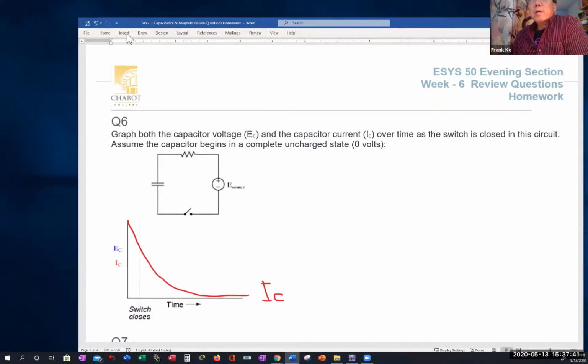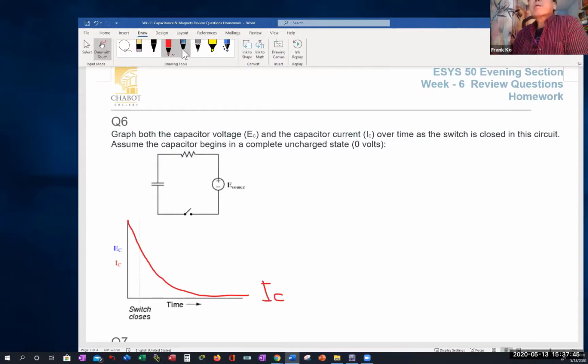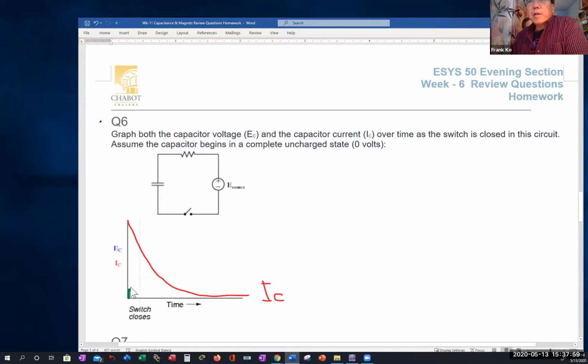And then insert, draw. I don't have green, but I will pick green. So here's green. Now the voltage here will start at nothing and behave.